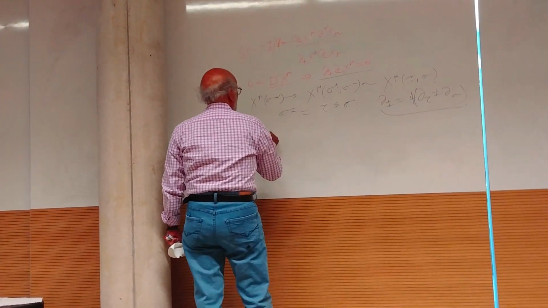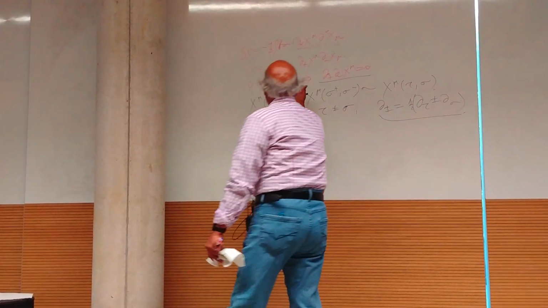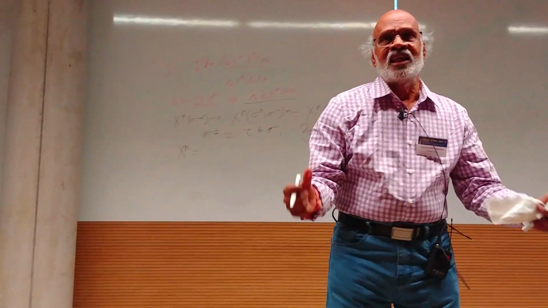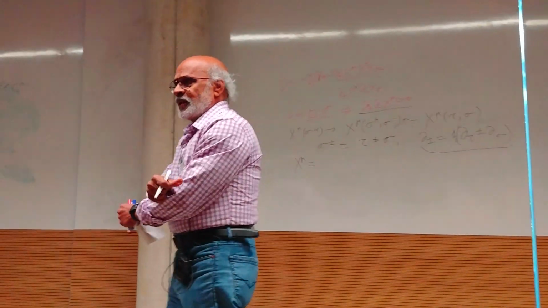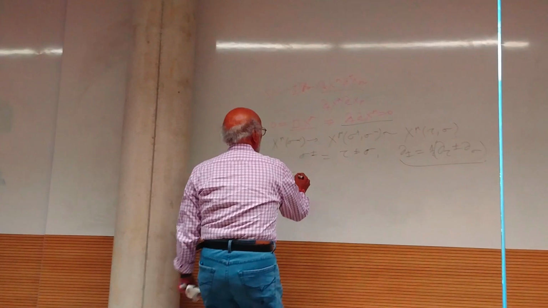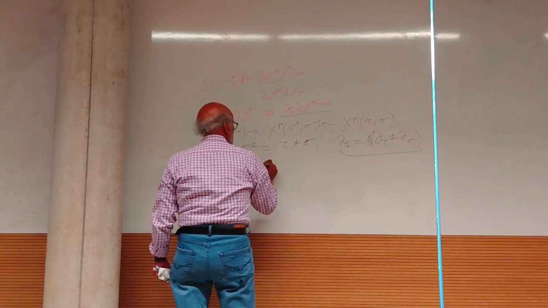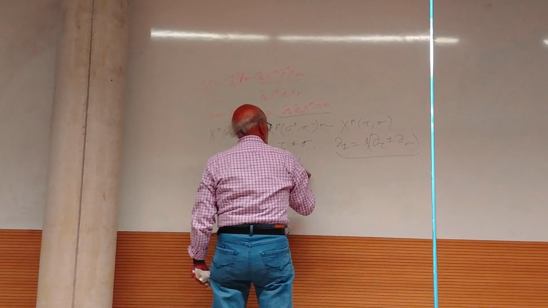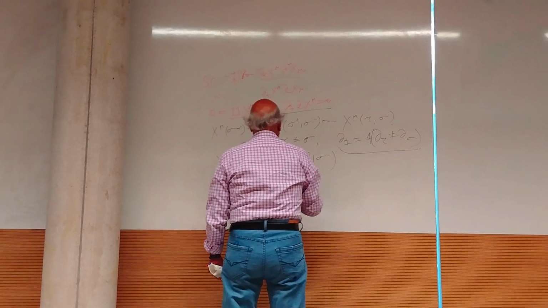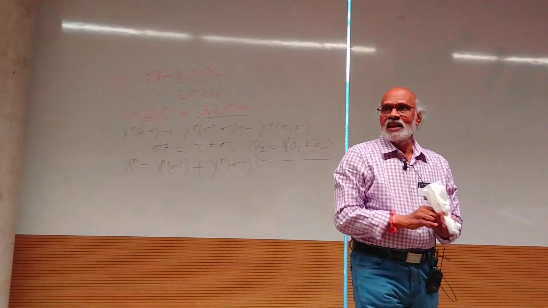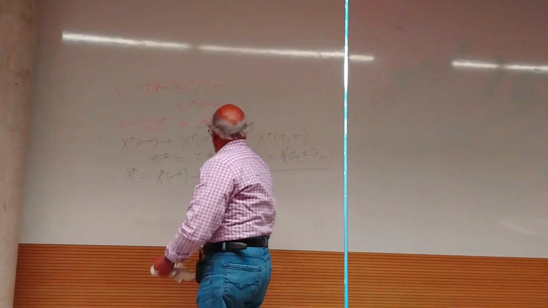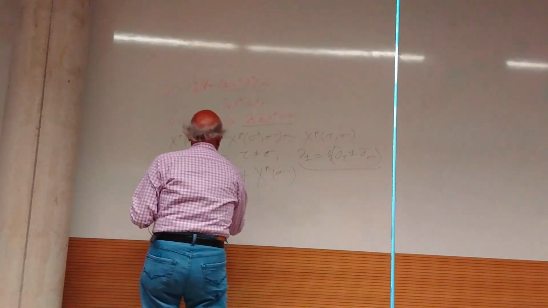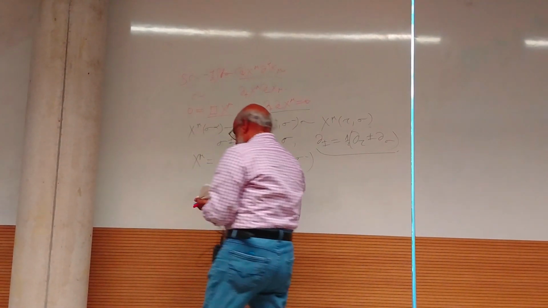Now, X mu is the solution of a wave equation. I can split it into two parts, one moving to the left and one moving to the right. One of them depends only on sigma plus, and the other depends only on sigma minus. So this is clearly the left-moving part, and this is the right-moving part.